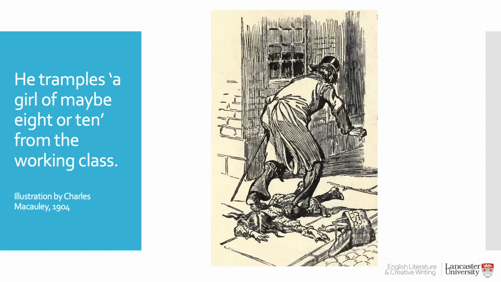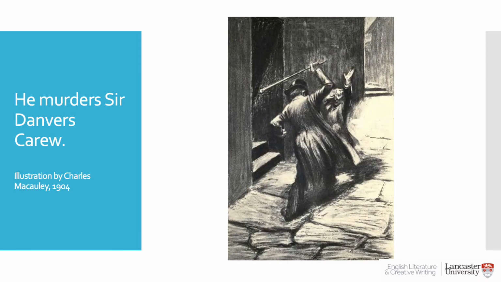Hyde's act here not only shows a lack of care for poor children, but also willingness to inflict serious injury on one just to avoid having to take one extra step on his own journey. But the little girl survives the trampling.